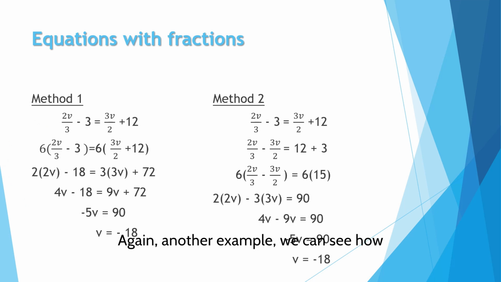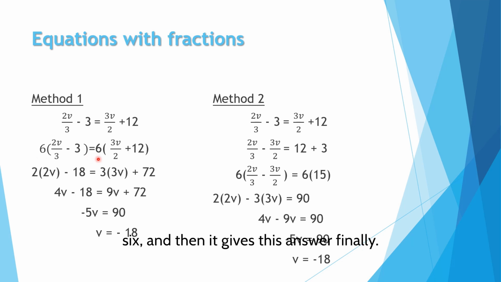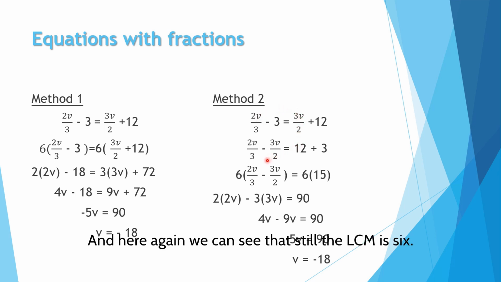Again, another example of how to deal with equations with fractions. First of all, here we can see that we could simply multiply the LCM on both sides, which is 6. And then it gives this answer finally. Or we can use another method by grouping the like terms together first. And here again, we can see that the LCM is still 6.